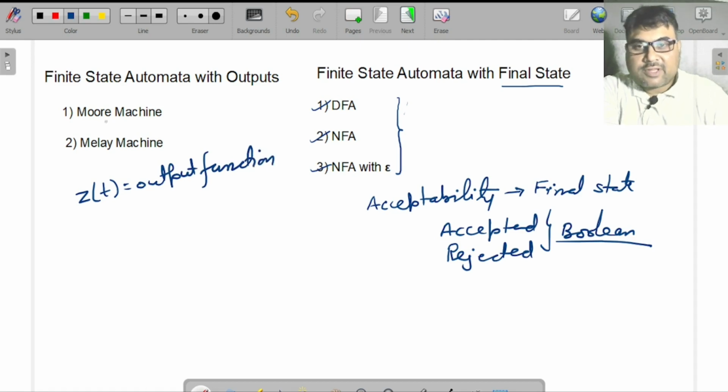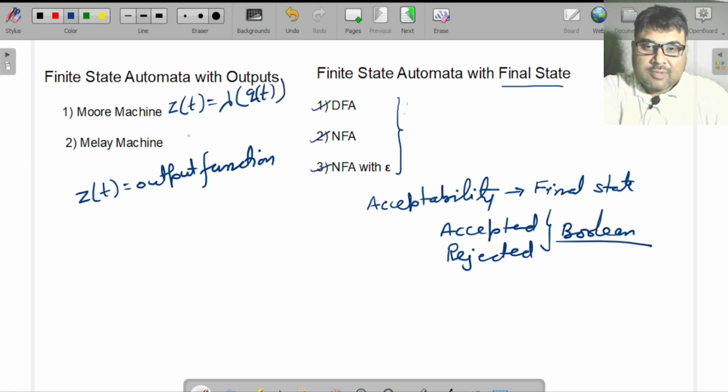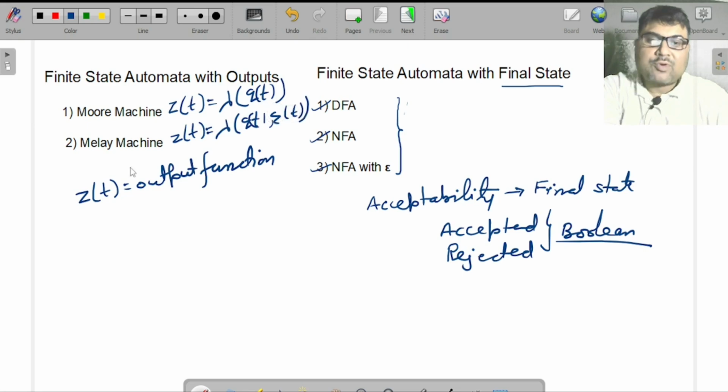In this output function, if you're talking about the Moore machine, the output is dependent on the present state only. But if we talk about the Mealy machine, the output is dependent on the present state as well as the present input symbol. So let's classify it in more detail.